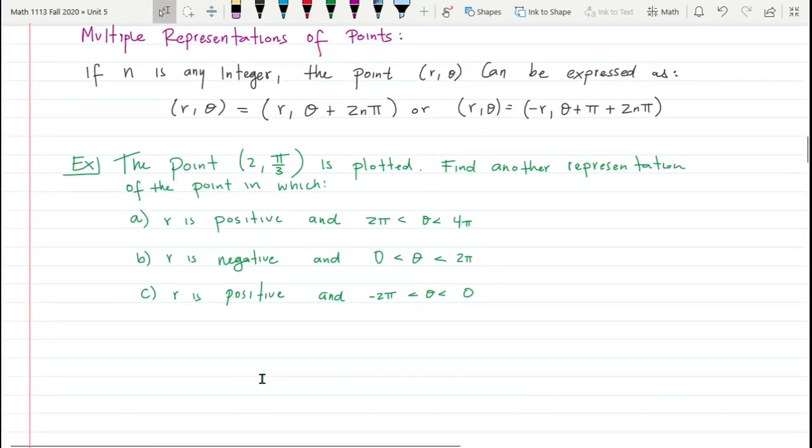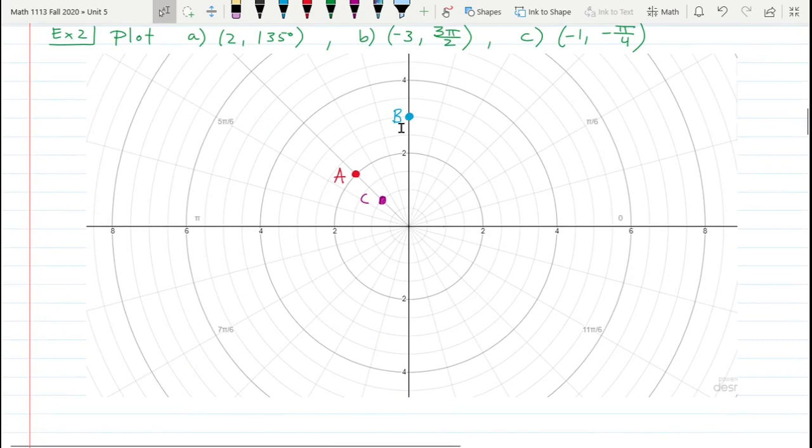Or you could represent the point r comma theta as a negative version of the radius, but with the angle theta plus pi plus a multiple of 2 pi. So what does that mean? Okay, I could have done -2 for point A, and then I go 135 degrees, which would leave me, I believe, here.